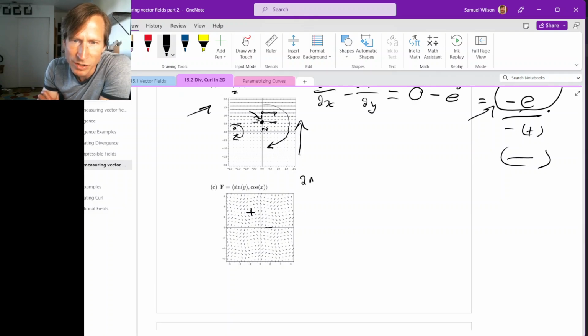So partial n partial x minus partial m partial y. So we're going to get the derivative of cosine with respect to x, so that's minus sine x, minus, and then the derivative of sine y, that's cosine y.